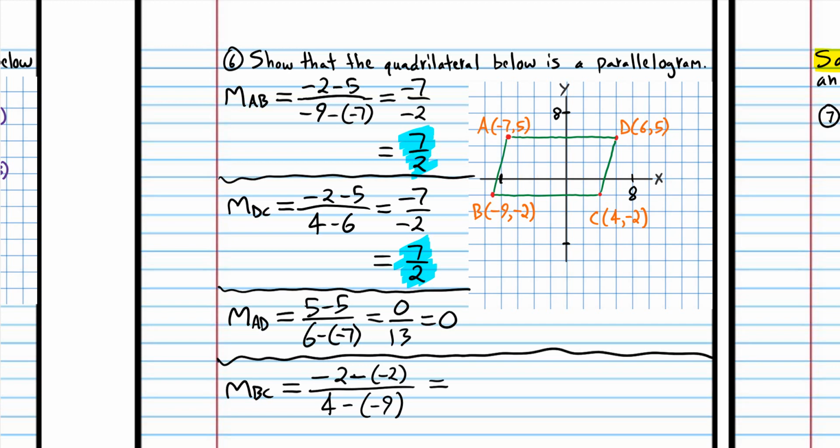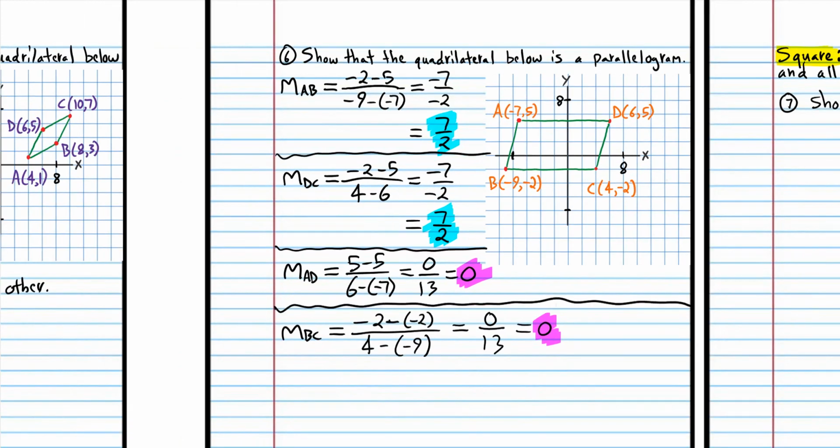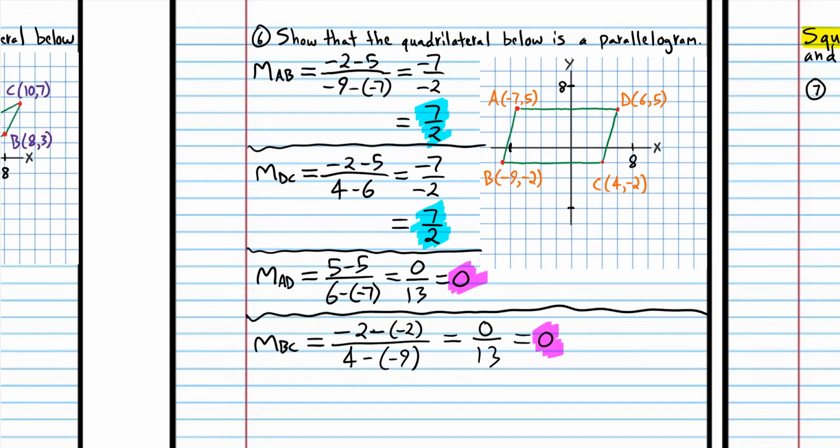Remember, these two negatives become positive, because that's a double negative. So it would be negative 2 plus 2 is 0, and that would be 13, and we have 0. So you can see that those slopes are the same, proving that that pair of sides are parallel.